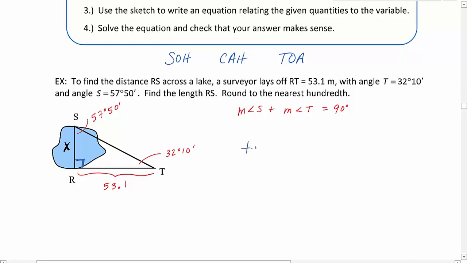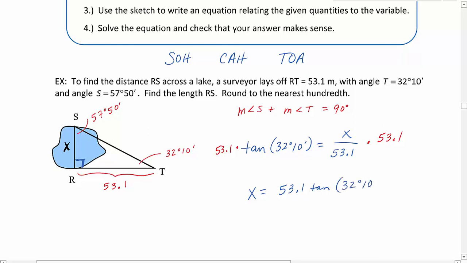So we can say that tangent of 32 degrees 10 minutes is equal to our opposite side, x, over our adjacent side, 53.1. And now we solve for x. Multiplying both sides by 53.1, we get x to be equal to 53.1 times tangent of 32 degrees 10 minutes.